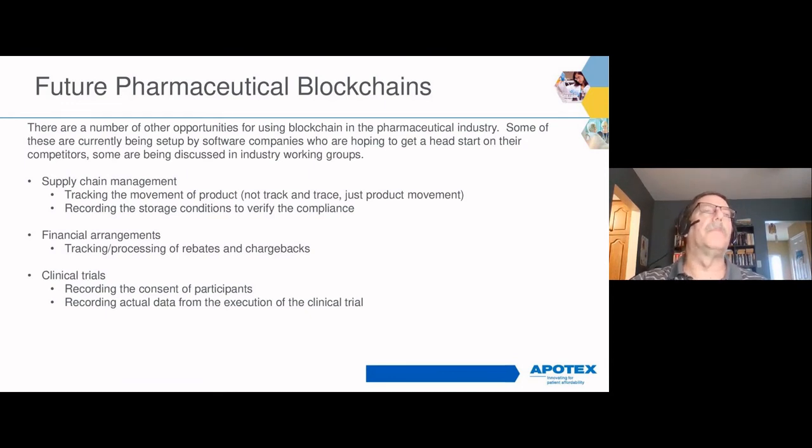And the last one that people are looking at is clinical trials.